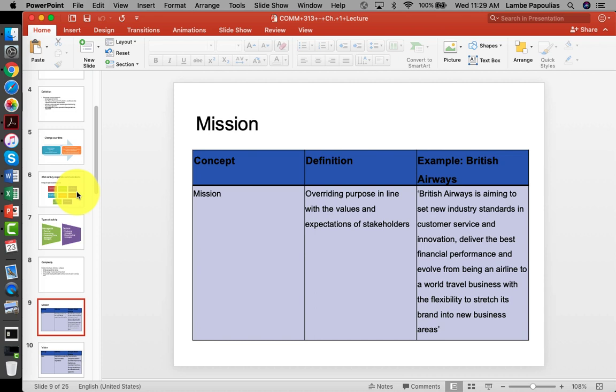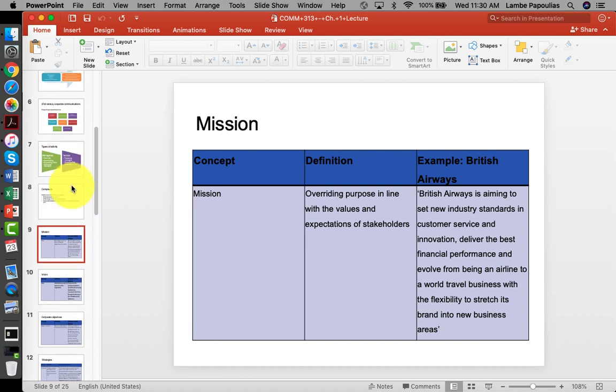British Airways is aiming to set new industry standards in customer service and innovation, deliver the best financial performance, and evolve from being an airline to a world travel business with the flexibility to stretch its brand into new business areas. So you can see British Airways is really trying to let their customers know, hey, we are going to be innovative. We want to have high standards in customer service. And this is what people, especially stakeholders, buy into.